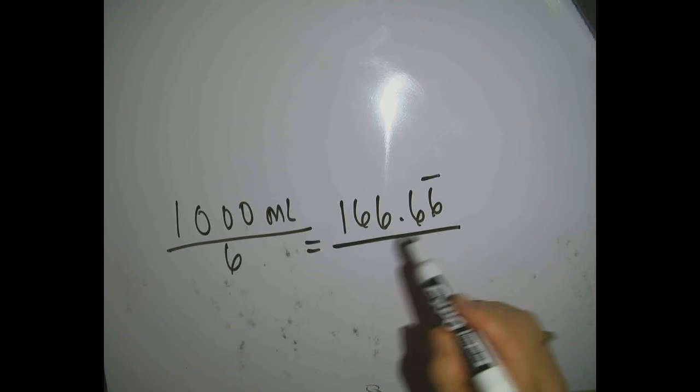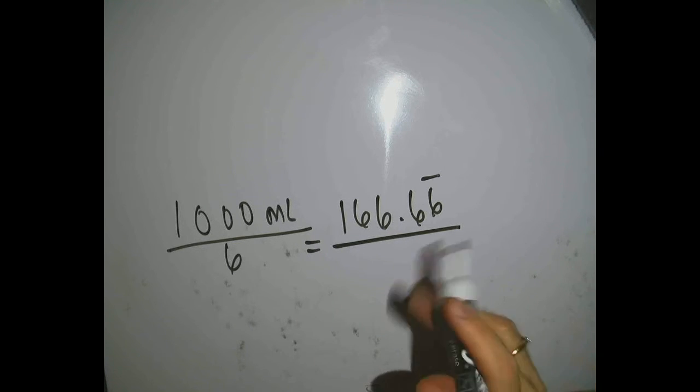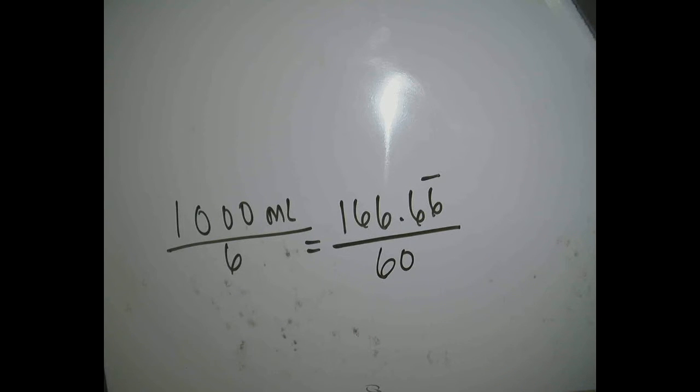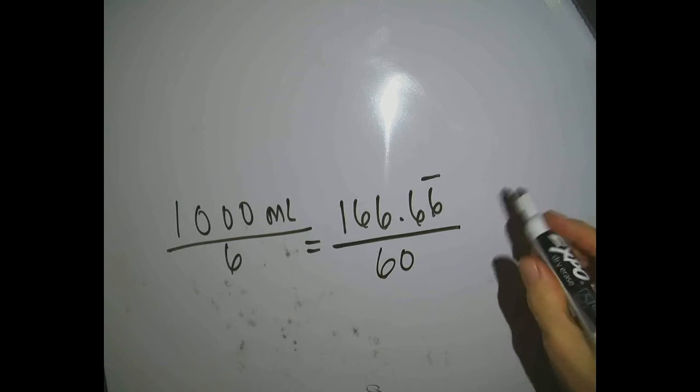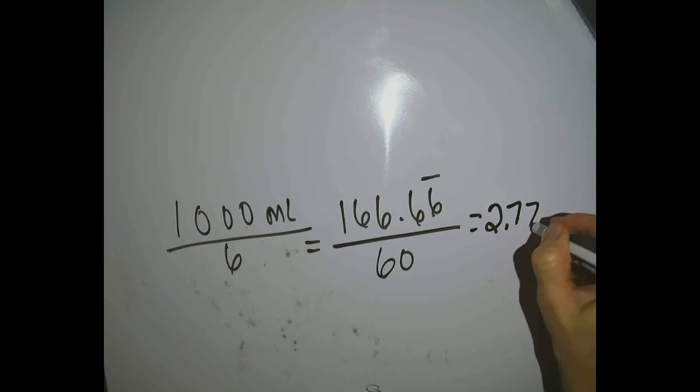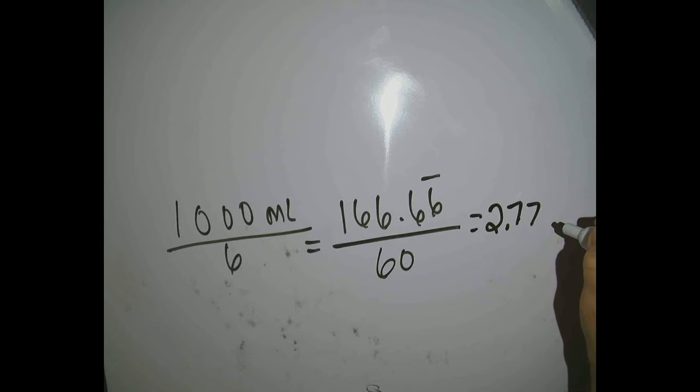So we're going to leave the 166.66 repeating, and we're going to divide that by 60 to come up with our minute rate of 2.77. Remember, this was milliliters per minute.